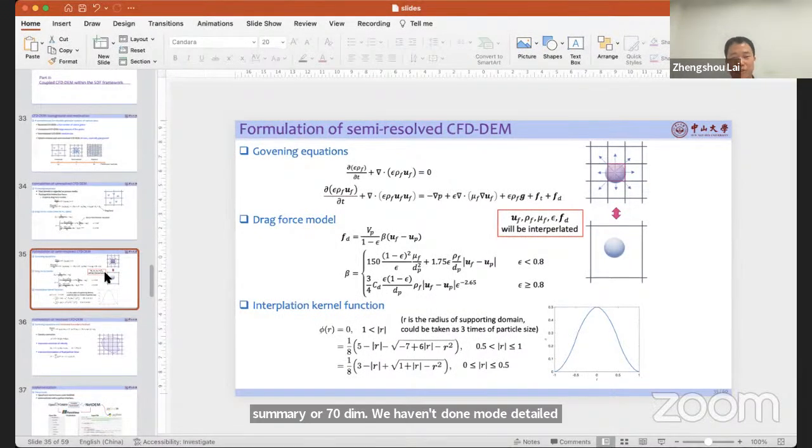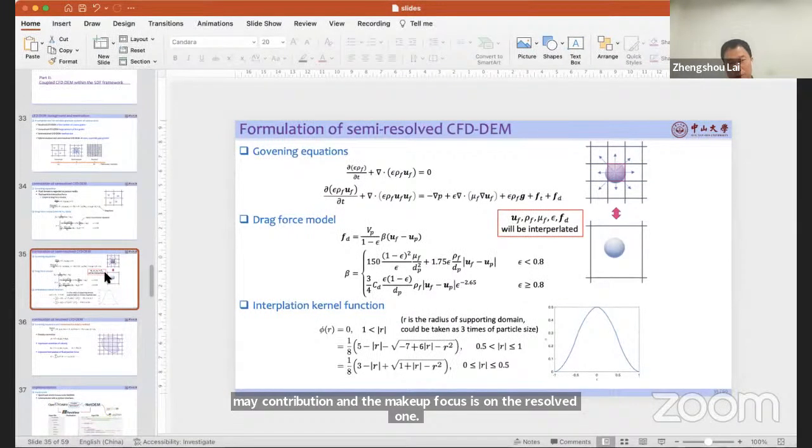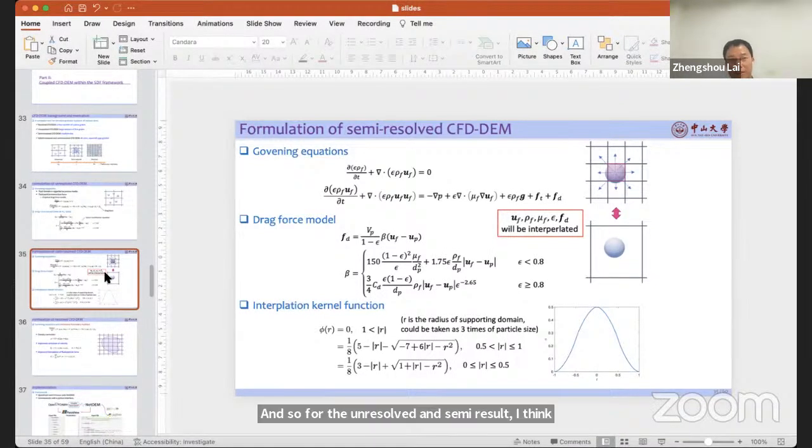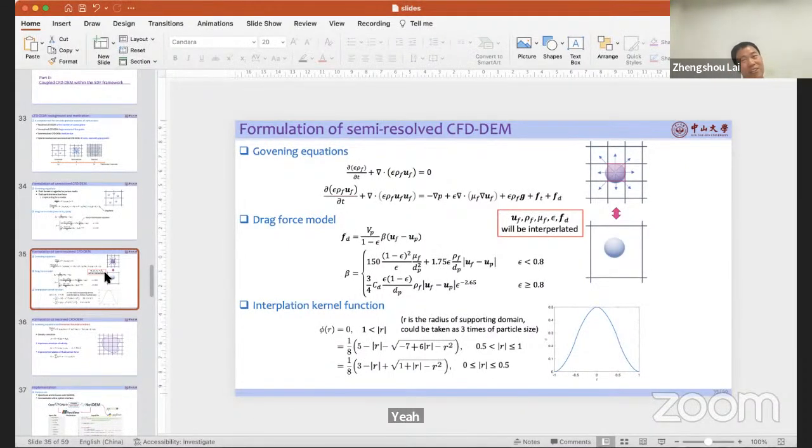Previously, our main contribution and main focus was on the resolved one. So for the unresolved and semi-resolved, I think the non-slip boundary condition can be an issue. I don't have an answer for now. Yeah, it is an interesting question, and maybe we will investigate this issue in the future.